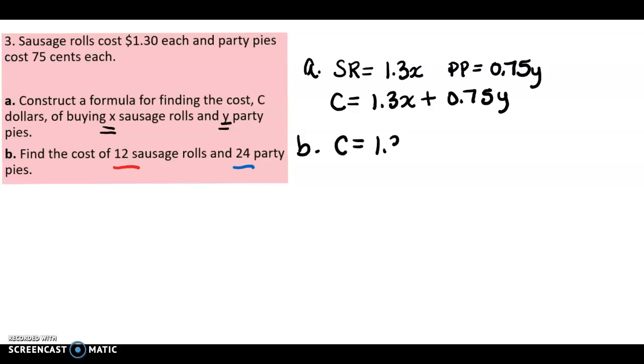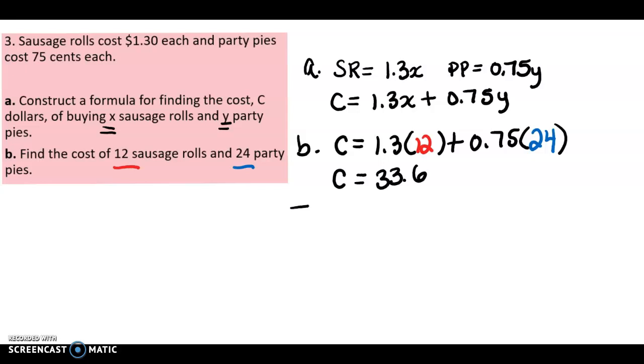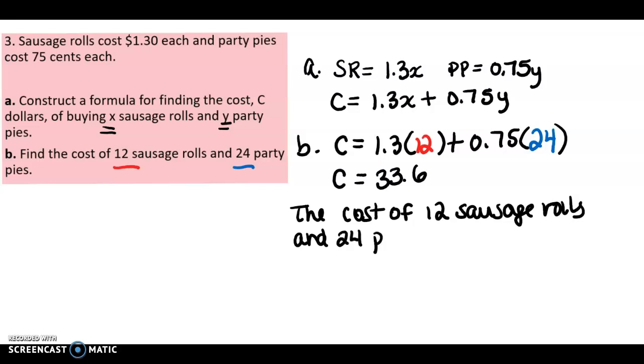So cost is going to be 1.3 times 12 plus 0.75 times 24, which when you do that, you end up with 33.6. So we would say the cost of 12 sausage rolls and 24 party pies is, using our dollar sign, $33.60. That's it.